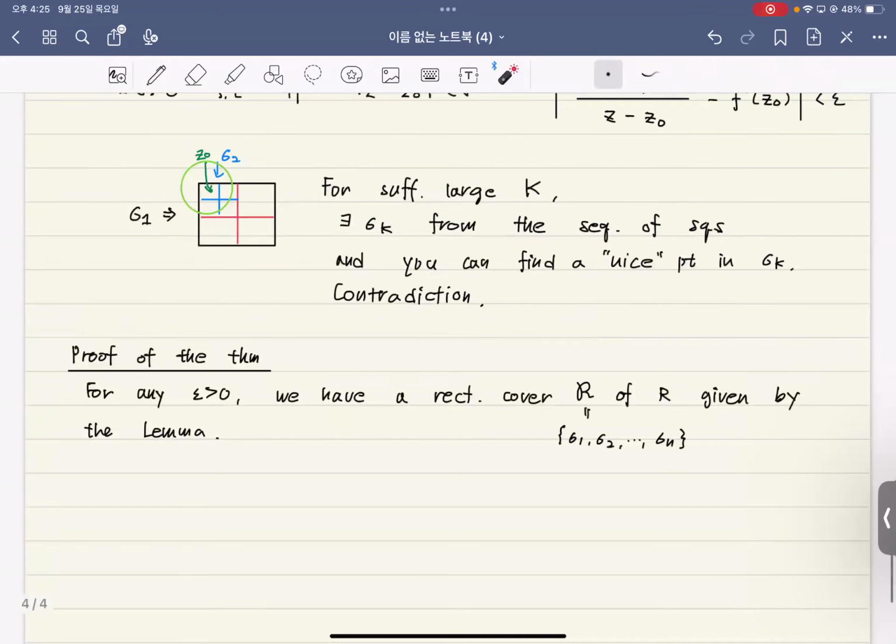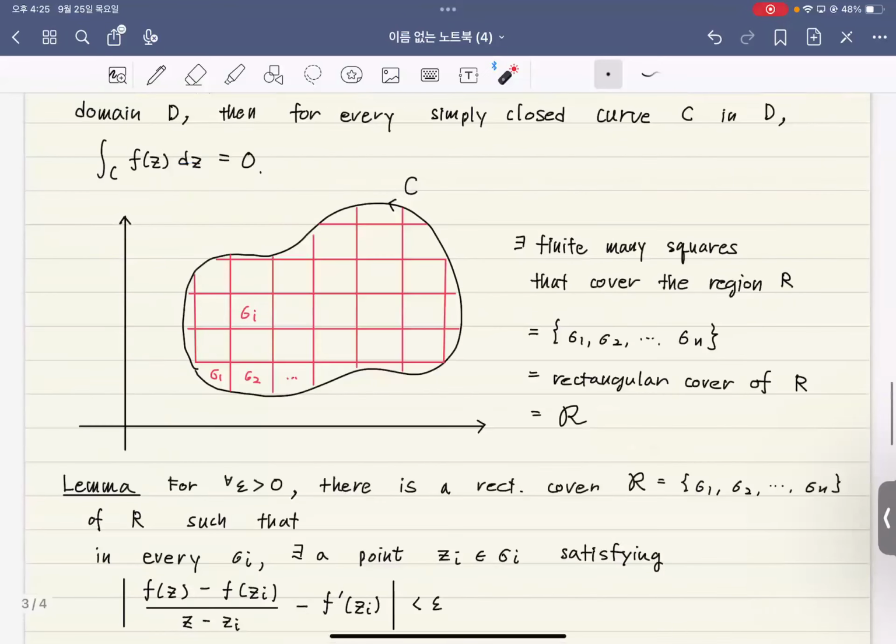So don't be confused, this means I have a bunch of these squares. Let me say this is my rectangular cover, right here.